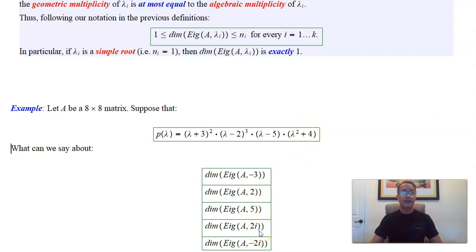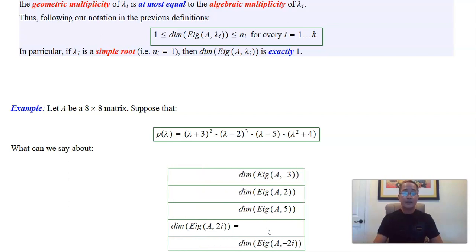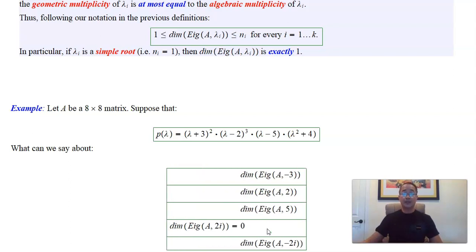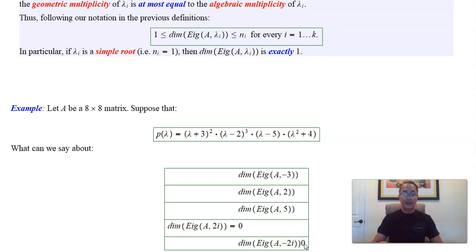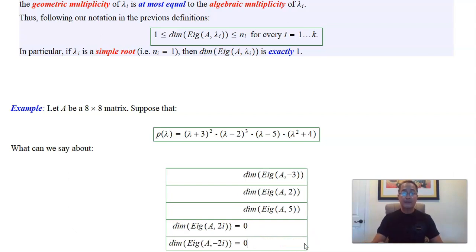The roots are imaginary. Okay, so you have 2i and -2i. So I hope you remember your algebra. Okay, so we said that if your eigenvalue is imaginary, then sorry, but our dimension will be exactly 0 for those eigenvalues.